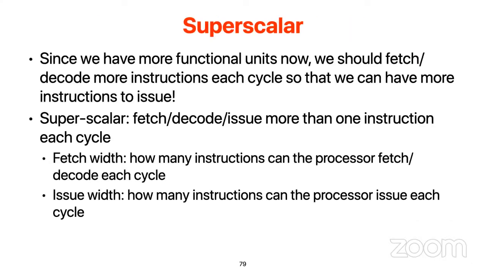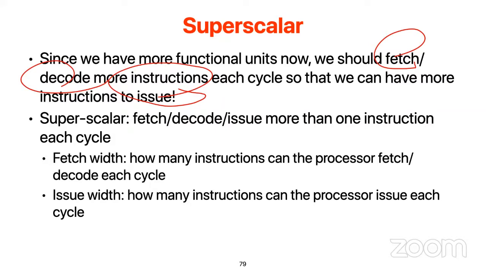And in addition to that, as we said, the capability of how you can fill your pipeline decides how your processor can affect performance. So we have superscalar processors that will be able to fetch and decode more instructions than just one, so that we can completely fill the pipelines we have.